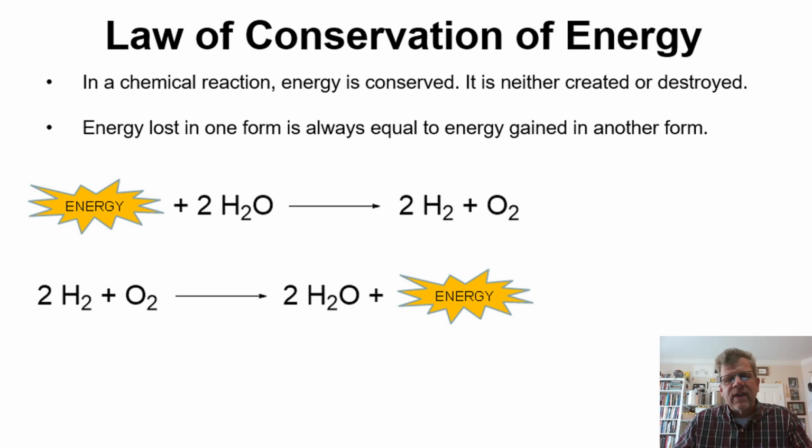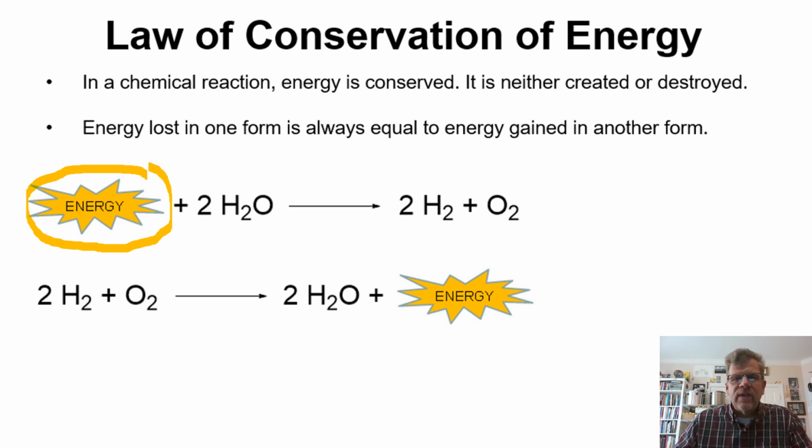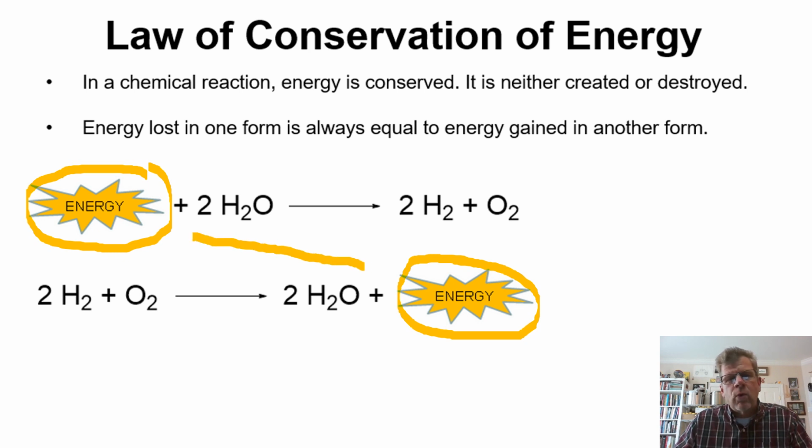Now notice in this case that the energy which once was on the reactant side is now on the product side. And if we measured the amount of energy of these amounts of energy, they would be equal, exactly equal. They have to be due to the law of conservation of mass.